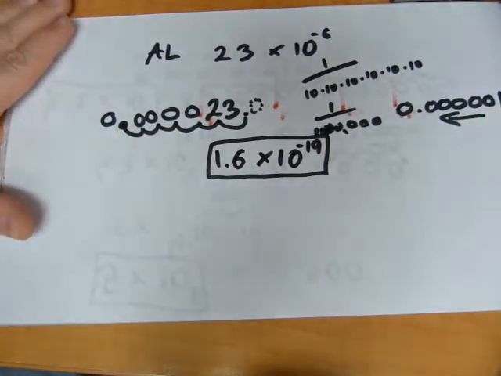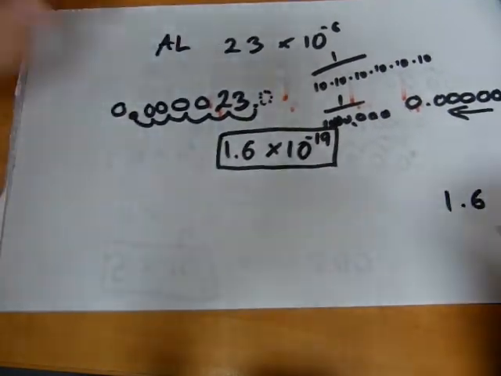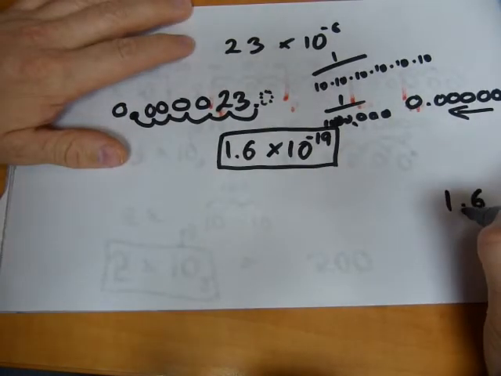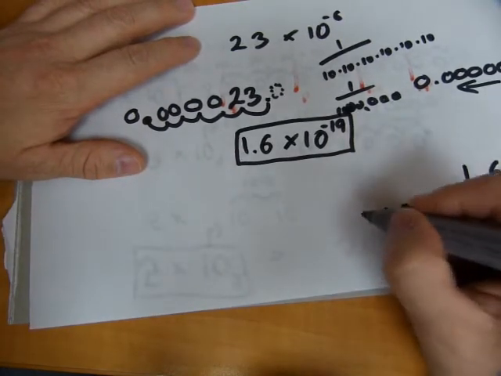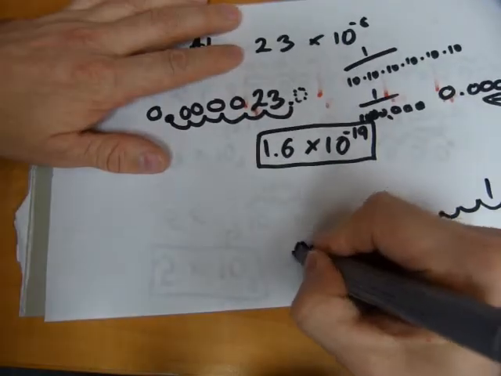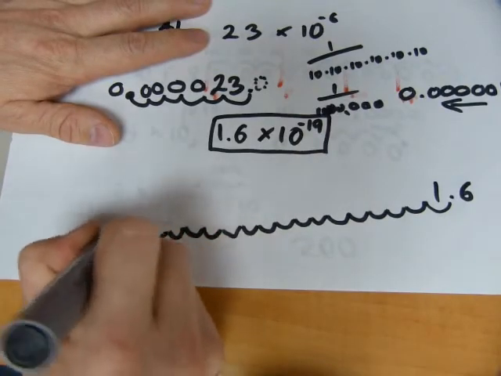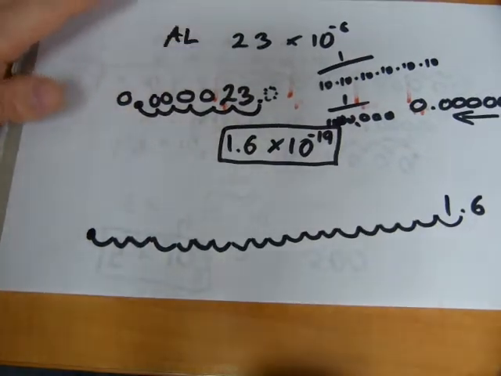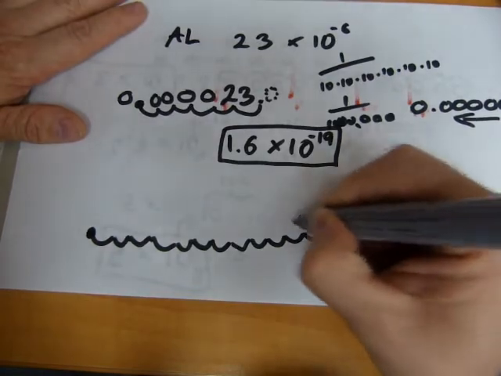You write down the 1.6 somewhere there, and we're going to move over 19 spots from here. 1, 2, 3, 4, 5, 6, 7, 8, 9, 10, 11, 12, 13, 14, 15, 16, 17, 18, 19. That's where the decimal dot stops, and just fill it in with zeros, real casual here.